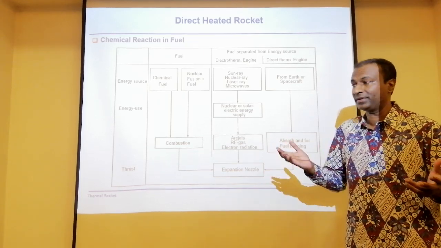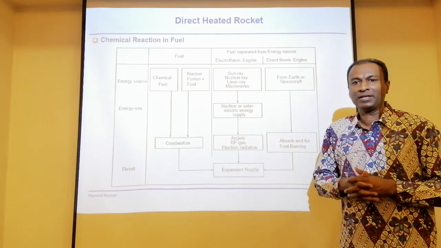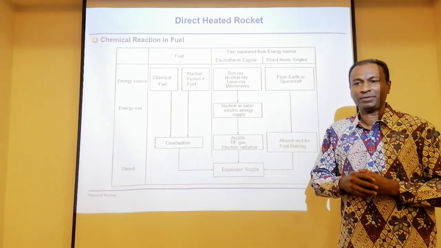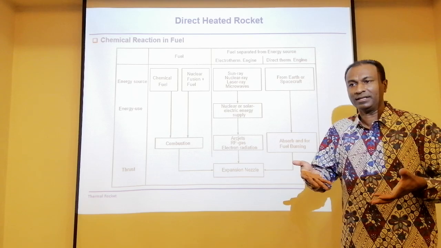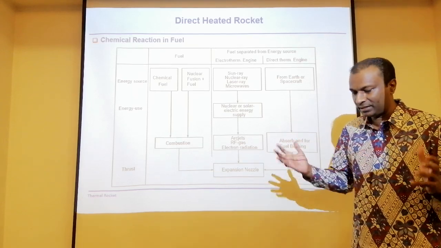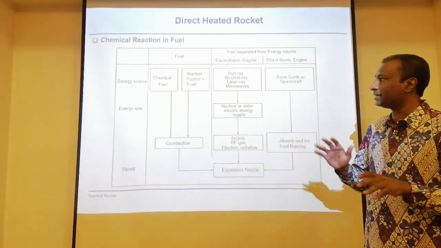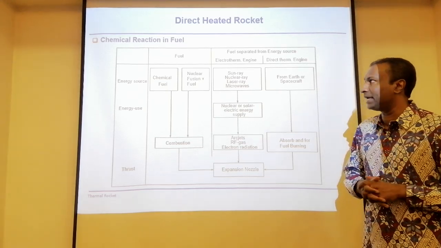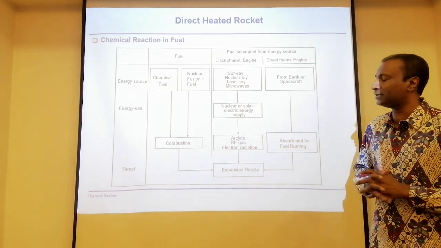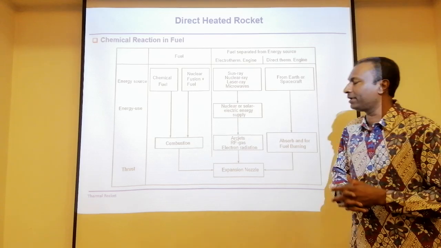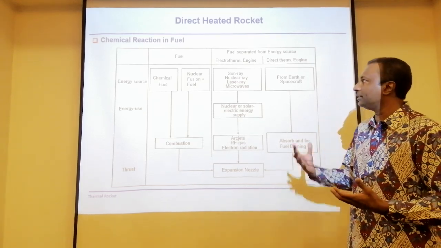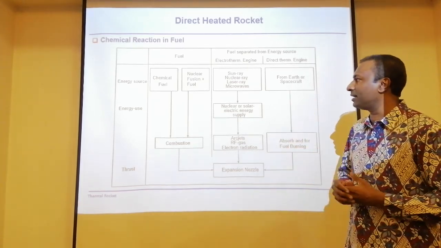It's just like a car. A car would be practically a direct heated engine, because the burning takes place directly in the chamber. So you can imagine that we will start categorizing the rocket engine by looking into the chemical reaction in the fuel itself. The first type is directly heated.